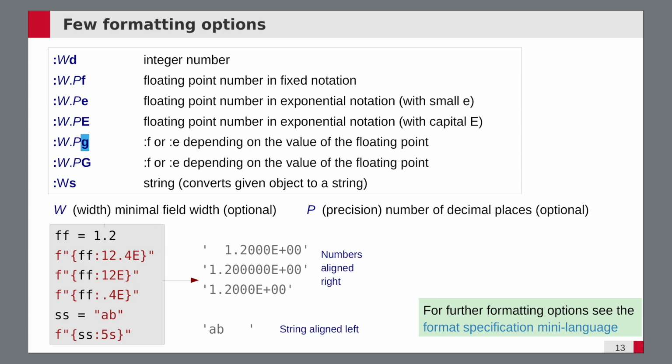So here the w is an optional parameter which can be the field width. Here you can have a look at this example where I set the variable f to the value 1.2, and then I say, okay, create an f-string by evaluating the actual value of f and formatting it in an exponential notation with a field width of 12 and with a precision of 4.